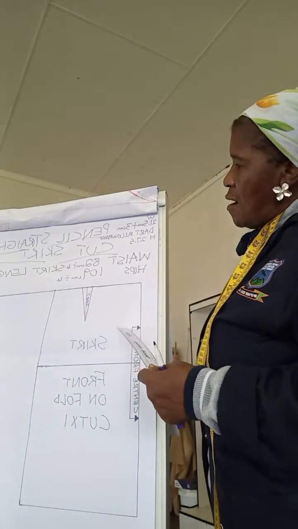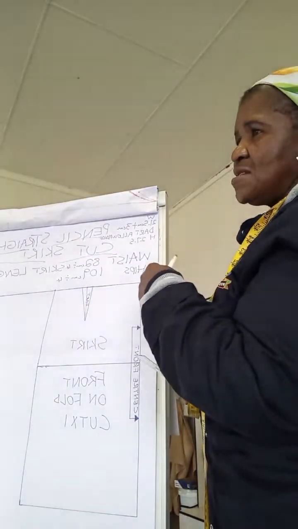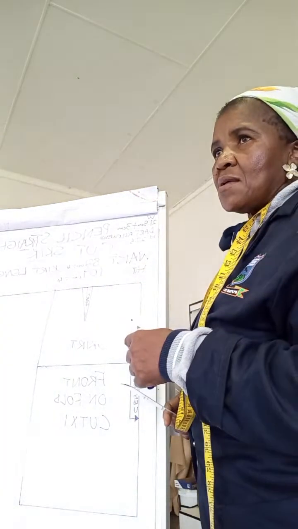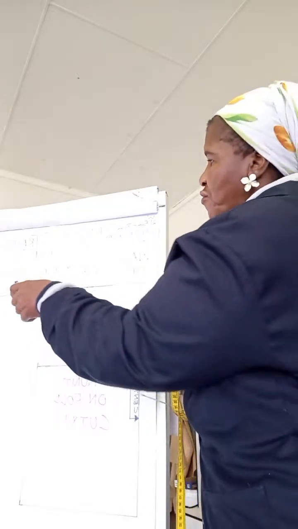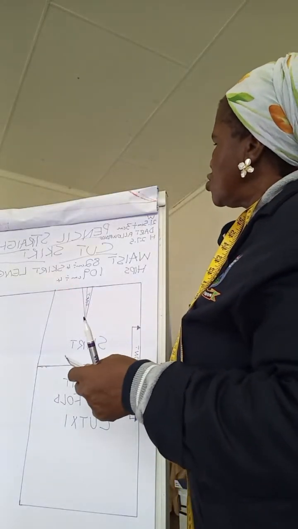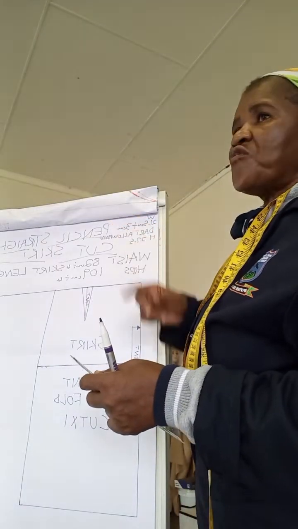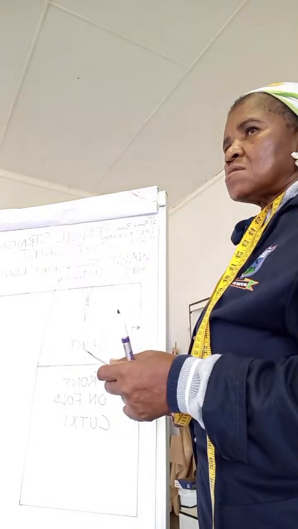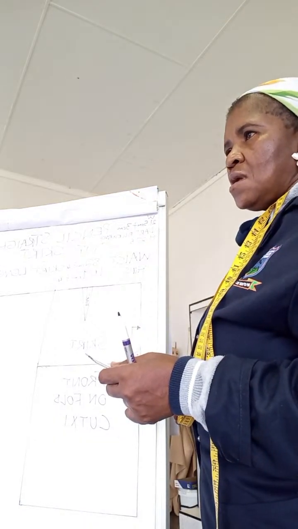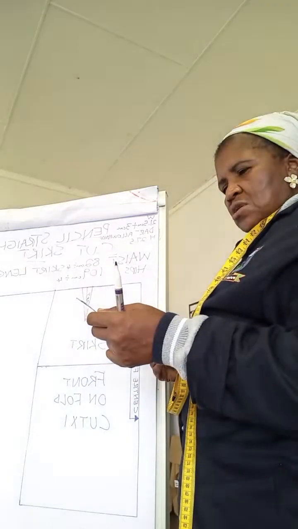So now here we are going from that edge to this side. Remember now we are doing the back. From that side to this side. So we are going at 24.5. This 3 is for the dart allowance. So let's do it.